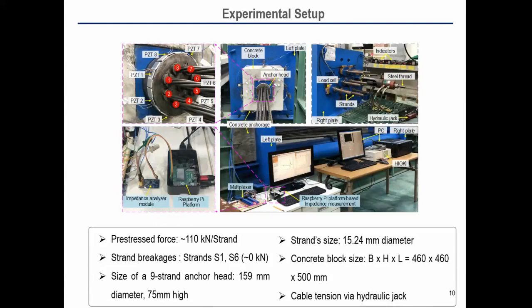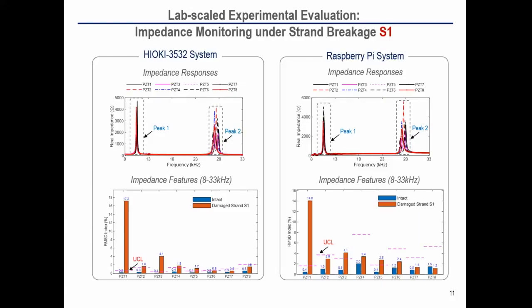Then we used the Raspberry Pi and Hioki to measure impedance at all PZT interfaces in the intact and damage cases. The cable is tensioned by hydraulic jacks, and the size of the anchorage is shown in this slide.